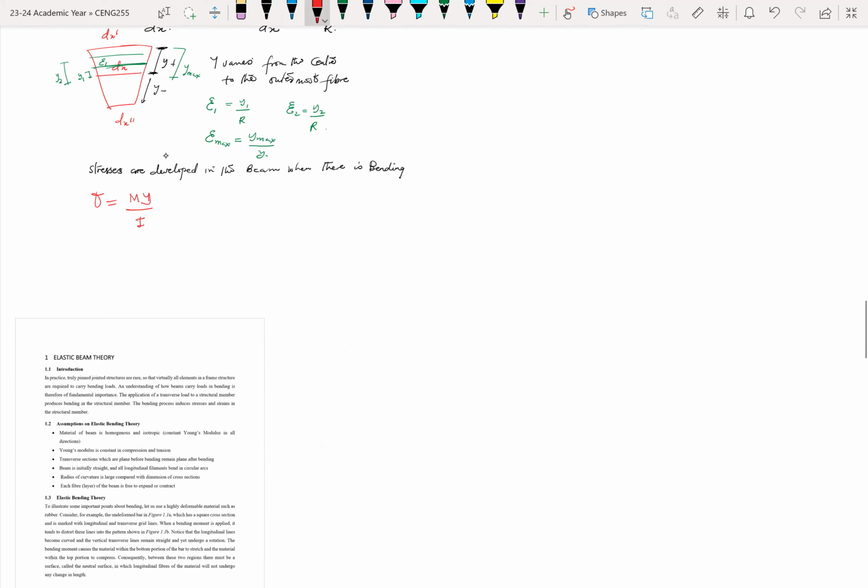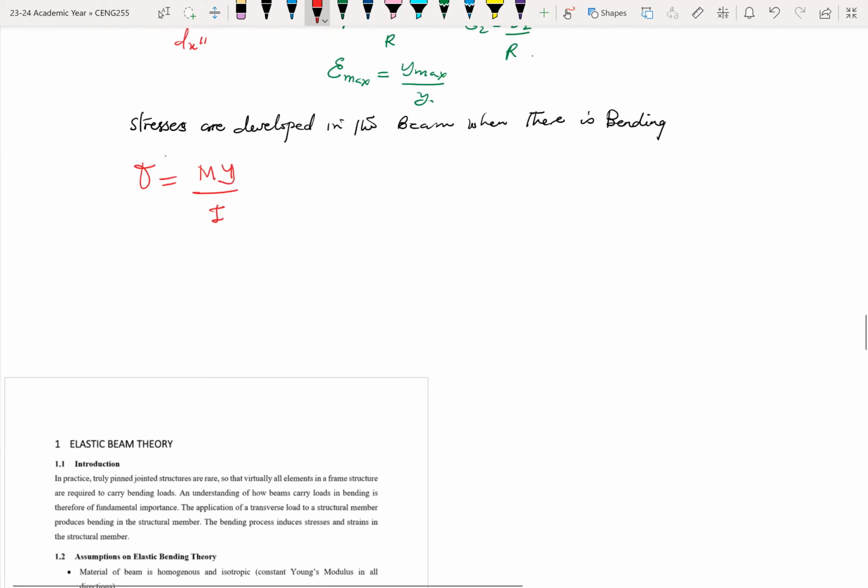So the parameters are there: sigma, which has this funny shape like that, is how we call the bending stress. Then we have M, the bending moment. Y is the distance of a fiber under consideration.